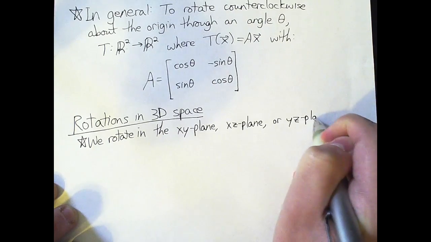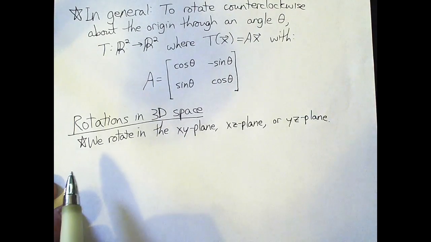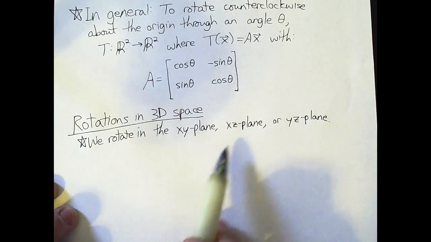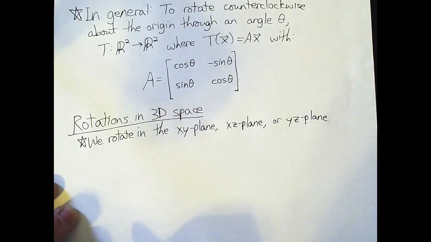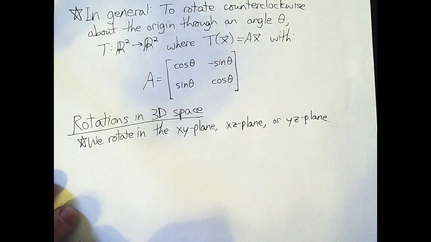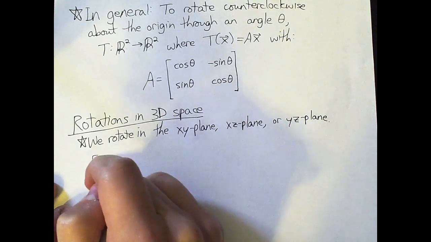So it's kind of like we need to specify the angle, but also the direction, you know, in which of these planes are we rotating. So it's actually a different linear transformation depending on which one of these you're doing. And I'll tell you the standard matrices for these.